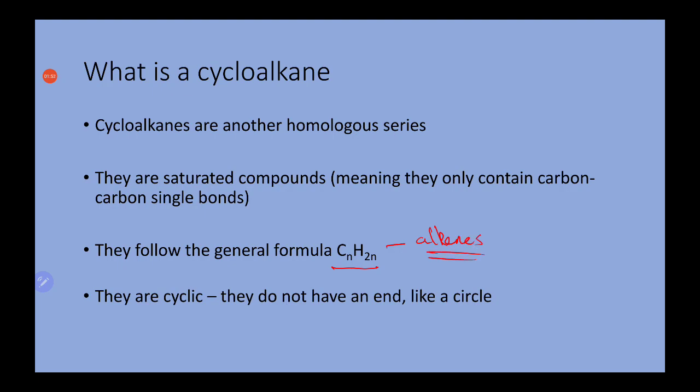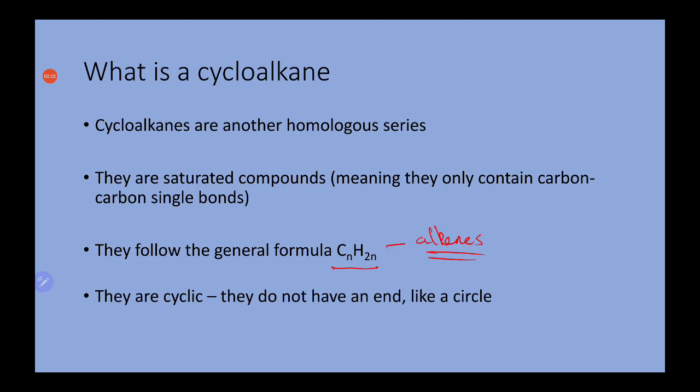So they have exactly the same number of carbons and hydrogens as the alkenes do, but they don't have any double bonds. It's all carbon-to-carbon single bonds. So it might be worth pausing the video and having a little go drawing a molecule you think fits that criteria. It must have single bonds, but it must have double the number of hydrogens as it does carbons, no more or no less.